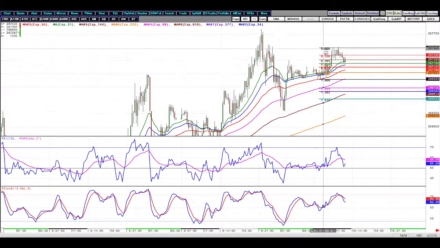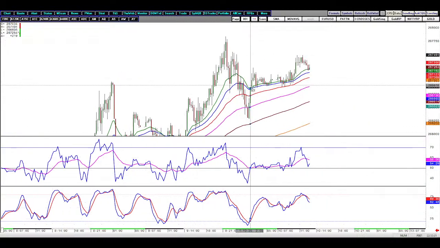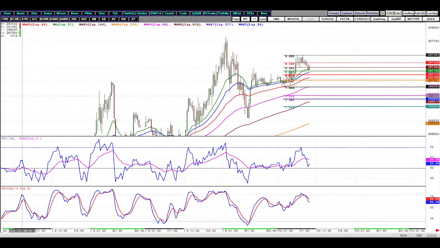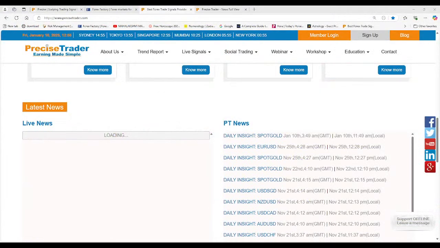Or another way is, the market can come down, test this low and move up. Overall, this level is a very key level, and 66 is also your major support. So based on this, we are going to generate the signal.